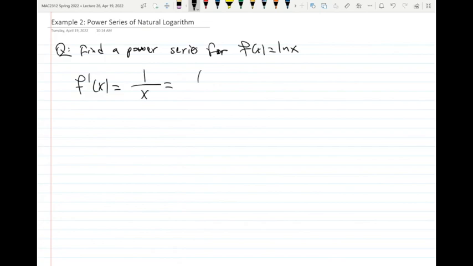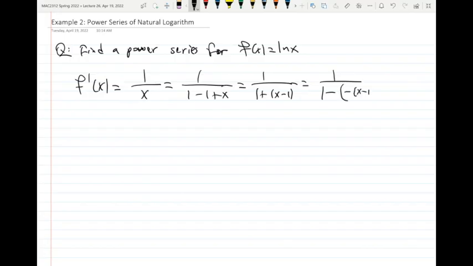So f prime of x is 1 over x. And remember, what was the trick? We write this as 1 over 1 minus 1, 1 minus 1 plus x. And now we just fix it a little bit. This is 1 plus x minus 1, right? And then I put minus minus: 1 minus minus x minus 1.